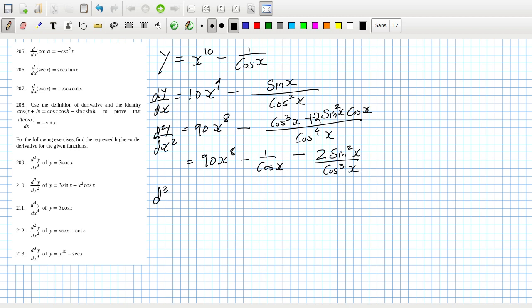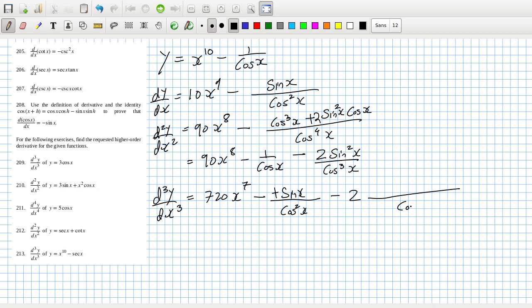So lastly now, the third derivative. Oh man. 720 x power 7 minus cos squared. Bottom times the top minus the top times the bottom. Minus 2, we'll take that out.